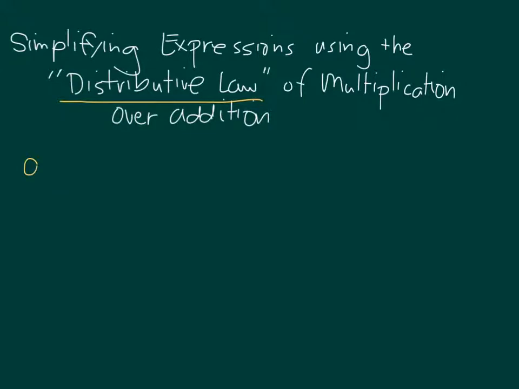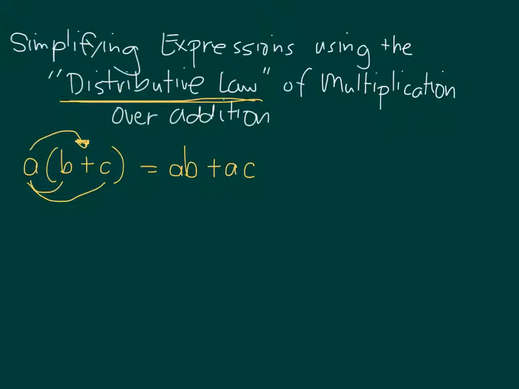When we say the distributive law of multiplication over addition, that simply means if I have A times the sum of B plus C, when I multiply this over the addition, this should be equal to AB plus AC. So the A has been distributed to B and C, hence the word distributive.